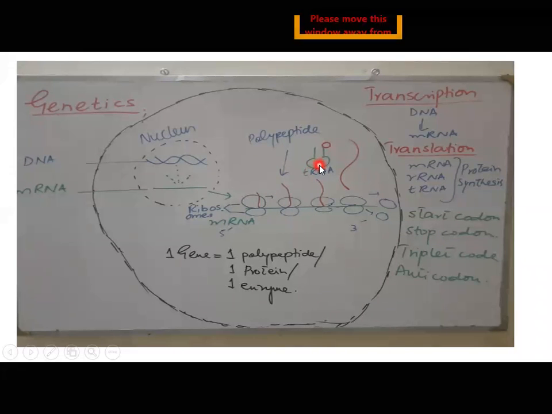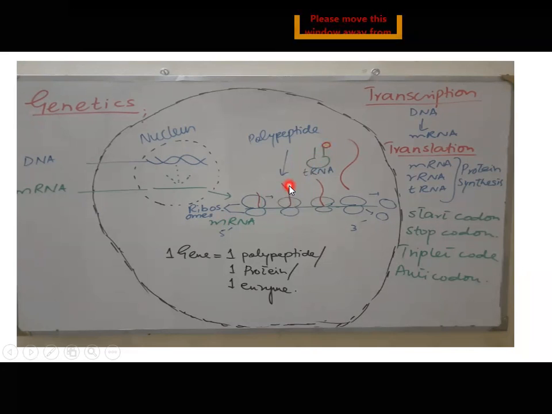So the right anticodon will click with the right codon, and these transfer RNAs are carrying specific amino acids with them. They will put the amino acid according to the correct information that is decoded by the messenger RNA from the DNA, and the ribosome reads the instructions, so it will form the polypeptide.